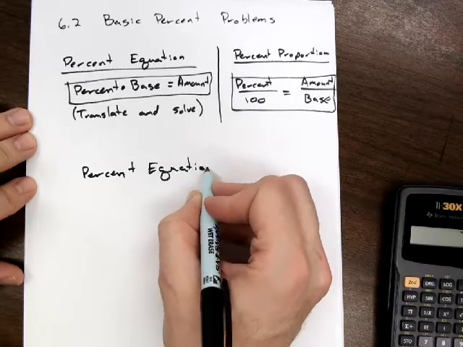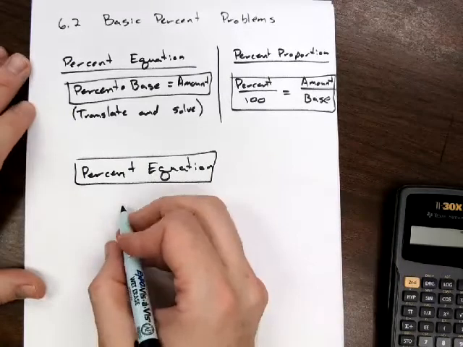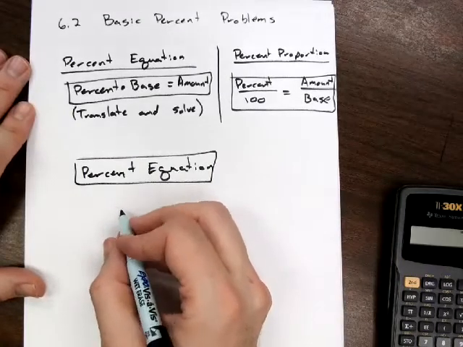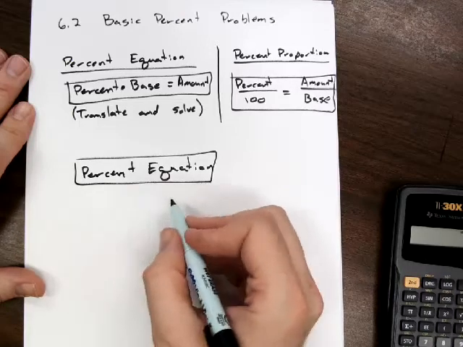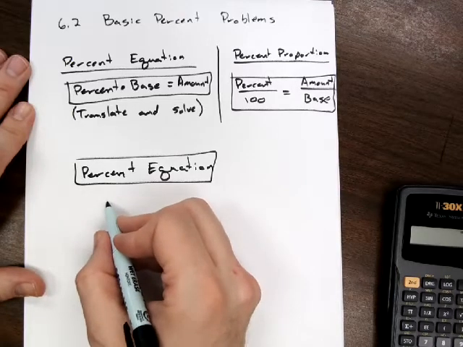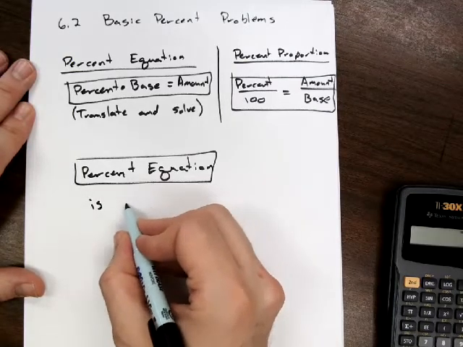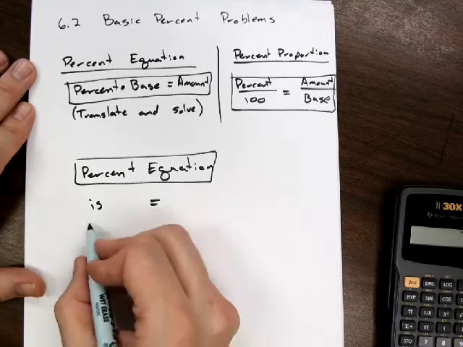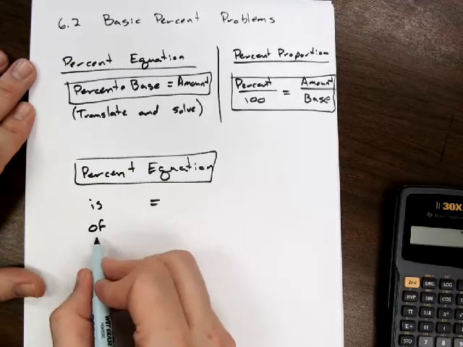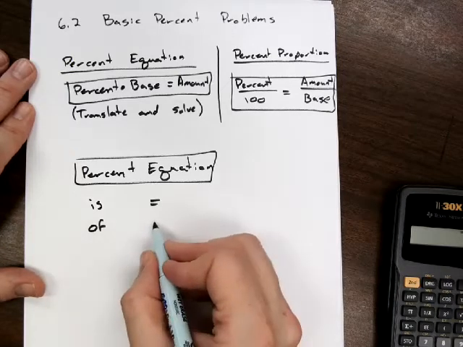Before we do, let's talk a little bit about how to translate. There are keywords that we're going to see. Is is going to be equivalent to our equal sign. Of, in these circumstances, it's not in every circumstance, is going to be multiplication.